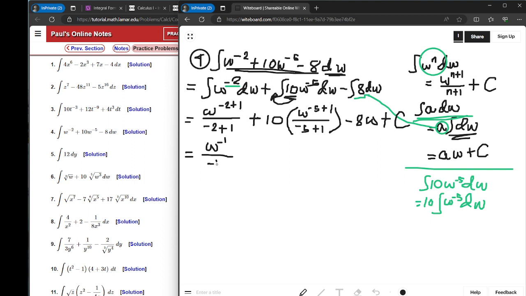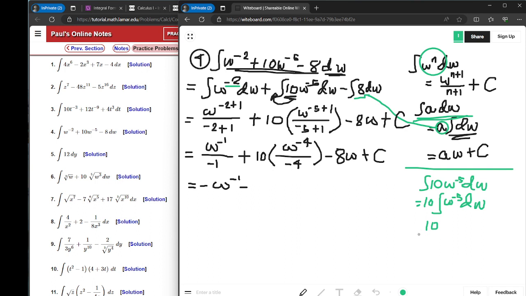So same here, negative 1, plus 10 times w to the negative 5 plus 1, which is negative 4, over negative 4, minus 8w plus C. We can simplify this. This will become negative 1 or just negative w raised to the power of 1. We have here 10.